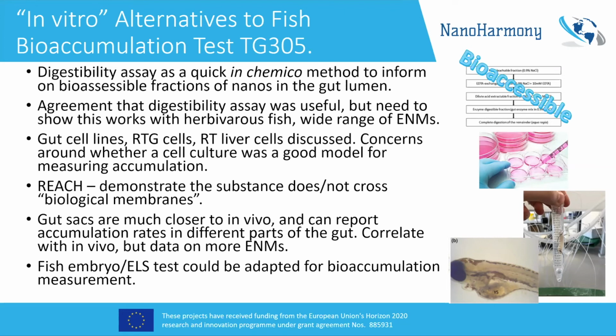We've done some experiments like that, and nanomaterials do tend to stick to the chorion on the fish embryos, but the larval stages are quite sensitive to nanomaterials, and there's no reason why we can't get bioaccumulation measurements in the hatched embryos, for example. So there are a number of possibilities there of moving away from in vivo testing on fish, around cell culture or tissue extracts from fish and so on.